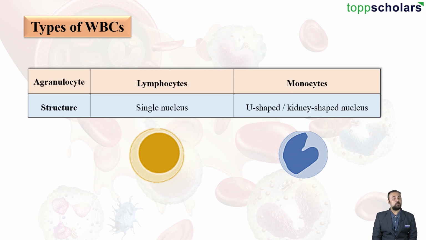But the cytoplasm of the other three types, that is acidophils, basophils and neutrophils, showed granules, giving them the name of granulocytes. Now, agranulocytes are further divided into two types: lymphocytes, which have a single nucleus, and monocytes, which have a U-shaped or a kidney-shaped nucleus.